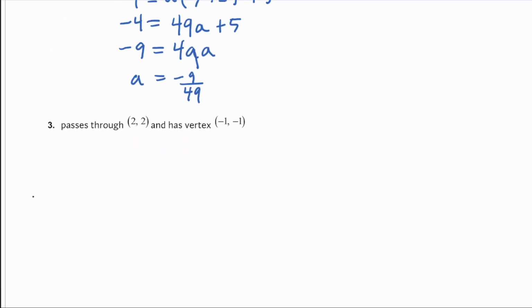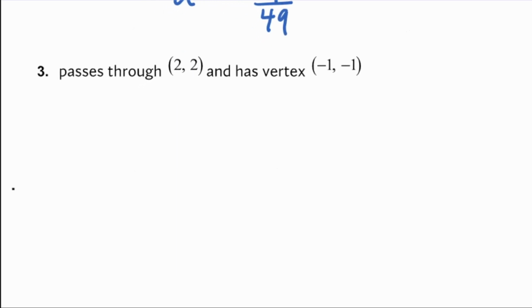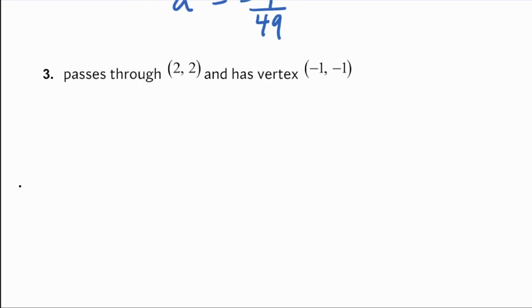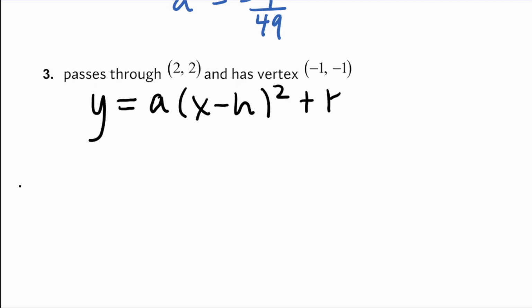Right, this last one on this page, it's again the same type of problem, so I'll approach it the same way. Start with the skeleton. Plug in the values I know. I've got h equals -1 and k equals -1. So x minus -1 squared minus 1. Then I'm going to plug in my x and y to find a. So y is equal to 2.